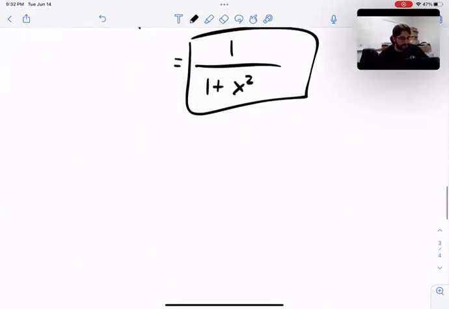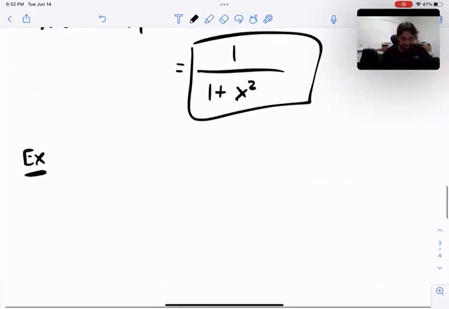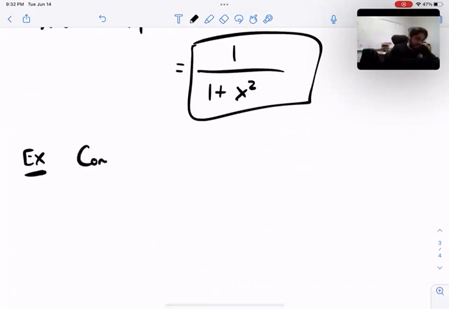Now, I want to also look at an example that is not famous, right? Just sort of an ugly random function that we can still say something about using the inverse function theorem, even though it's not one that we have a nice formula for the inverse of. So consider this function. Say we have f of x equals x to the 5 plus x plus 1, right?